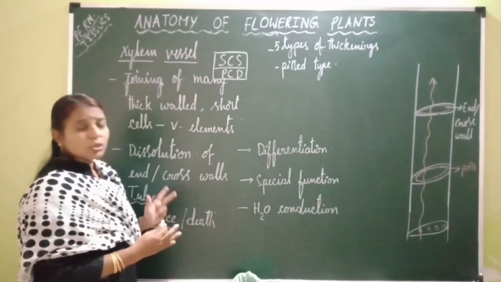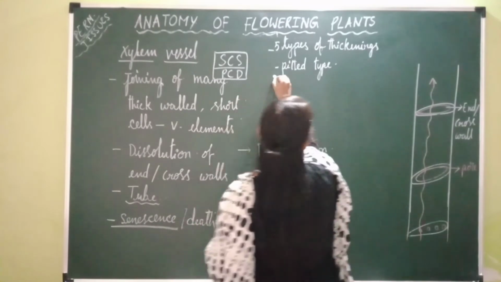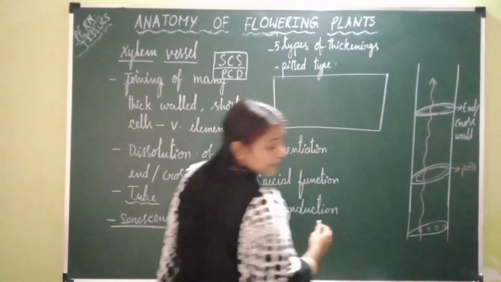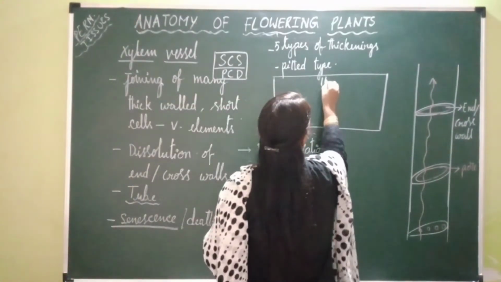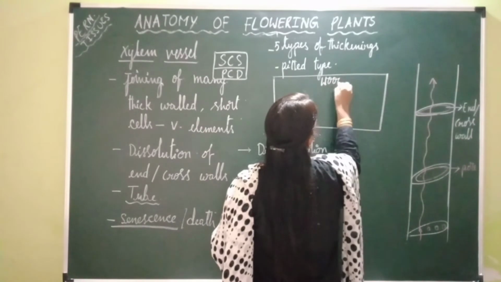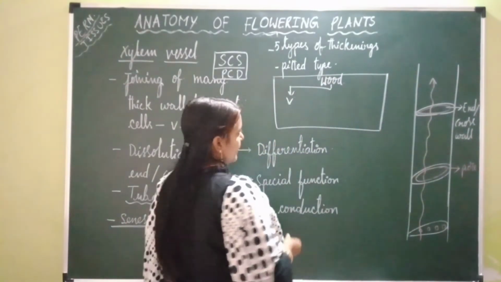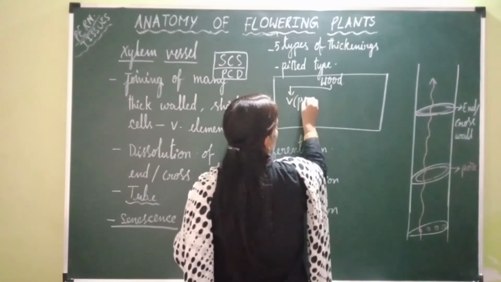Okay, so this is all about vessels, and I would like to give you some more points here. Xylem results in the formation of wood after secondary growth. If the wood has vessels in it, that type of wood is called porous wood.